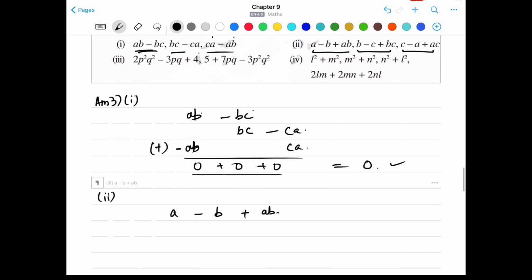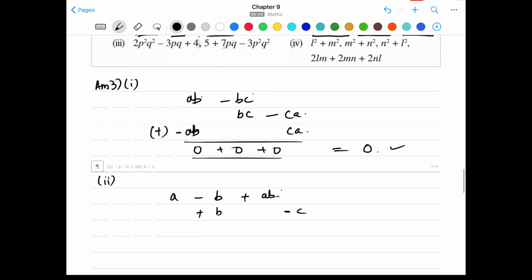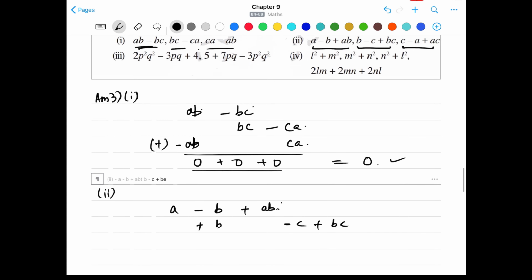The second expression is B minus C plus BC. That B will be written here, plus B. Then we have minus C, and since we don't have a C term here, we'll write minus C right after the given terms. After that we have plus BC. Again, we don't have a BC term in the first expression, so we'll write BC after this term.